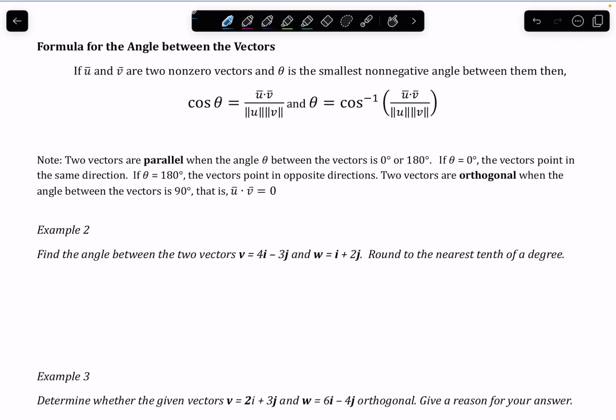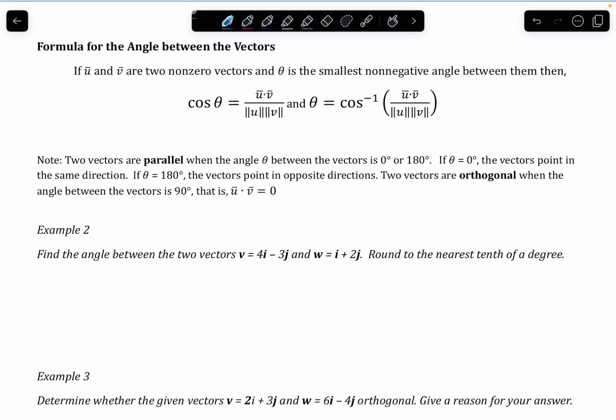If the angle is 180, they're in opposite directions, but they're still parallel. They're just moving in opposite ways. They are orthogonal. Orthogonal is the fancy word for perpendicular, when the angle is 90 degrees. Another way to look at it is if their dot product is 0, that means they're orthogonal. I prefer the word perpendicular, but we've got to stick with the vocabulary here.